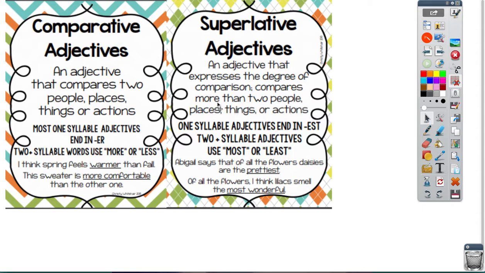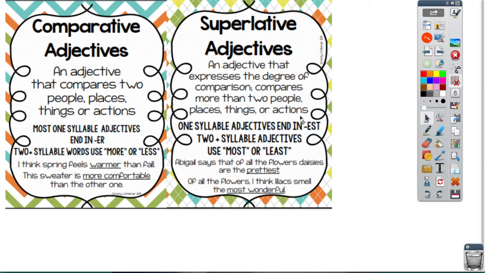So when we take a look at the one-syllable adjectives that are comparing more than two things, we add EST to the end. Another thing to note is that adjectives that end in Y also follow this rule, regardless of how many syllables it is.